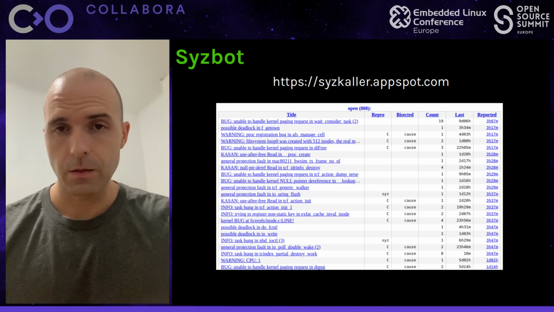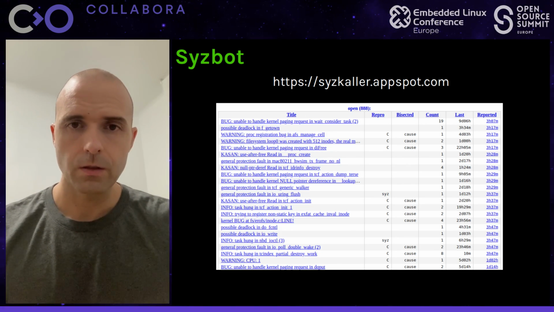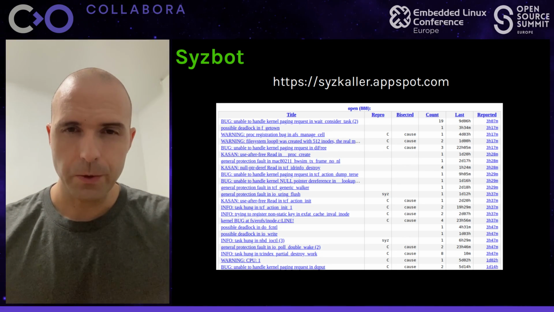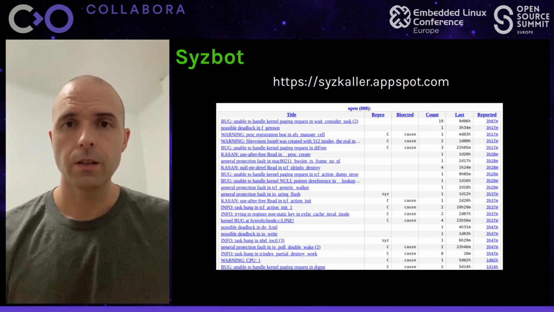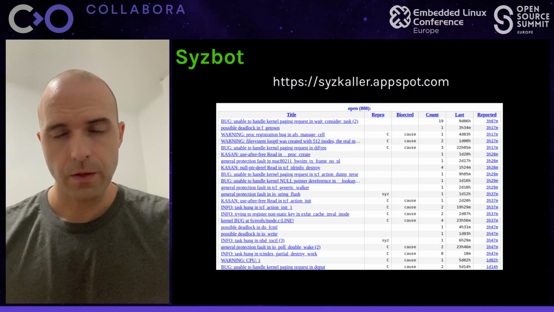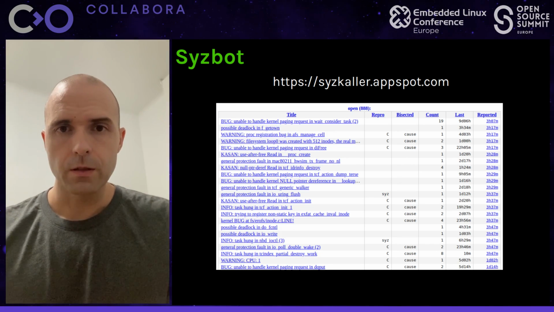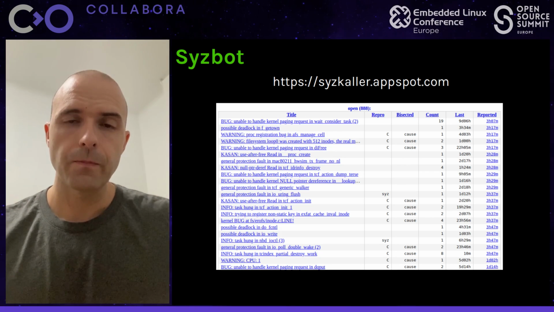What it does is simply to run Syzkaller on a bunch of kernels in a number of different platforms and keep track of the crashes it finds and report them with all the information it can find about them to the appropriate developers, maintainers, and mailing lists.